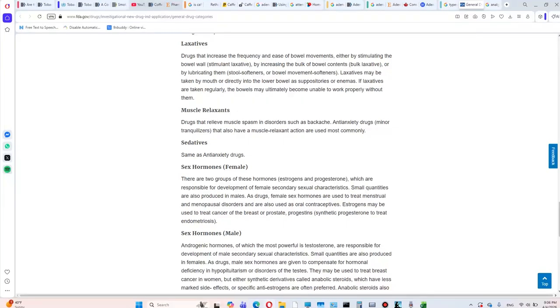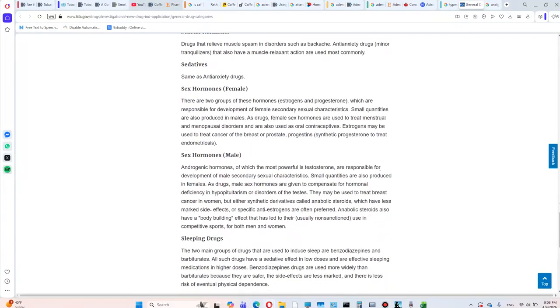Sex hormones (female). There are two groups of these hormones: estrogens and progesterone, which are responsible for the development of female secondary sexual characteristics. Small quantities are also produced in males.